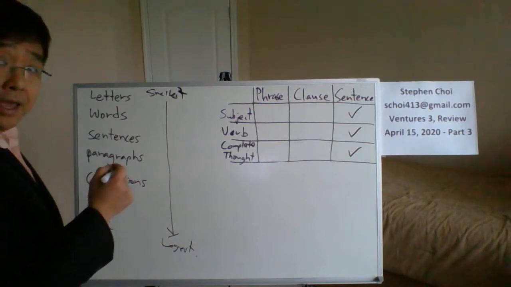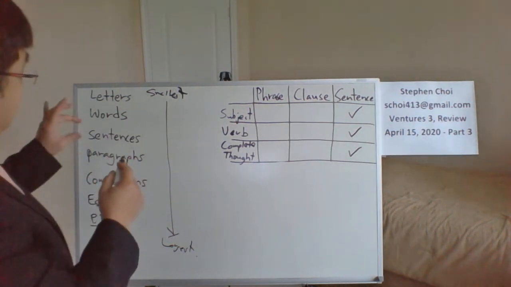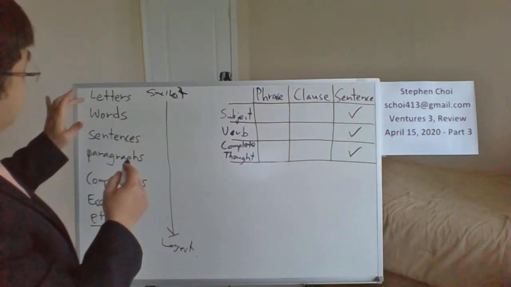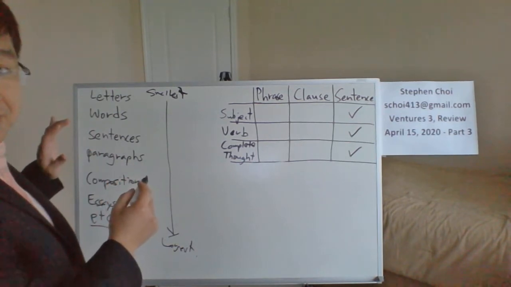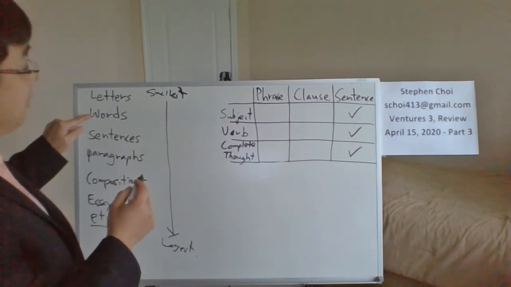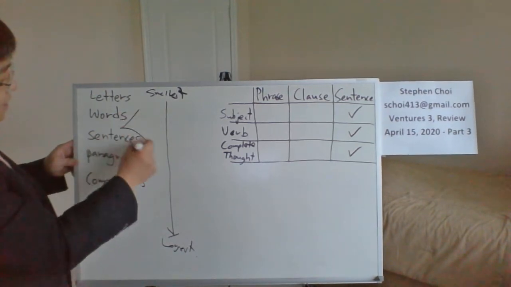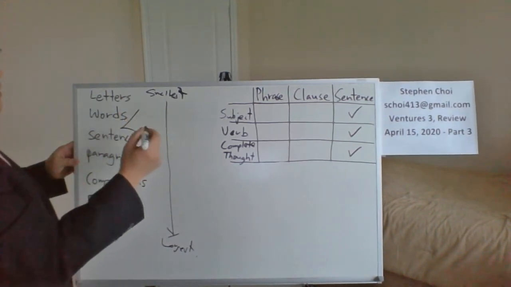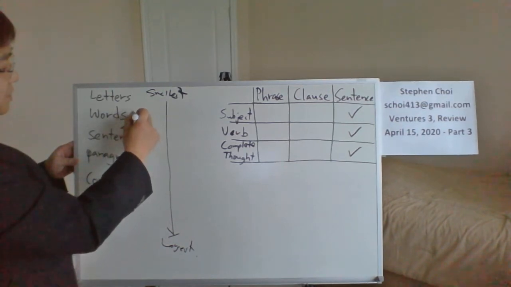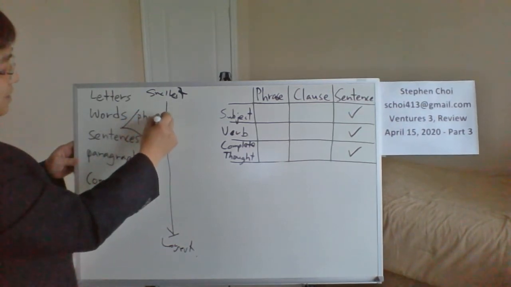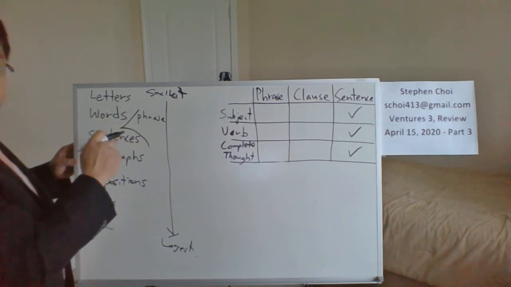Where do you think phrases and clauses go? Are they bigger than letters but smaller than words, or what? No, they're bigger than words, but they are smaller than sentences. They go right there. Which is bigger, phrase or clause? So I skip a couple of steps here.